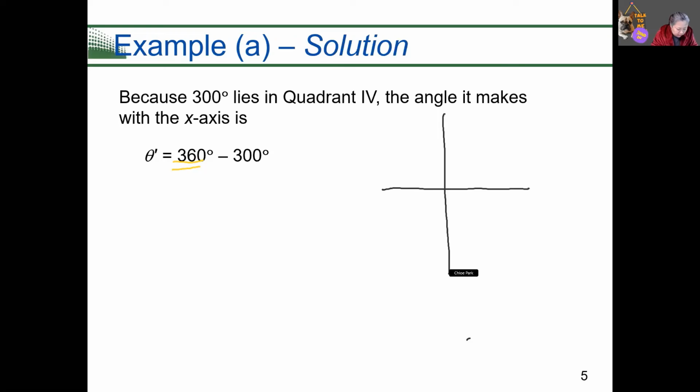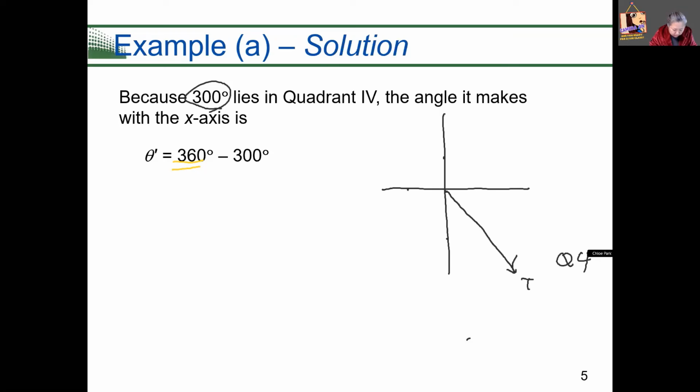Since the original angle measure was given in degrees, I can go by degrees: 0, 90, 180, 270. It must pass 270 and go 30 degrees more. Now I know for sure my terminal side is in quadrant 4.